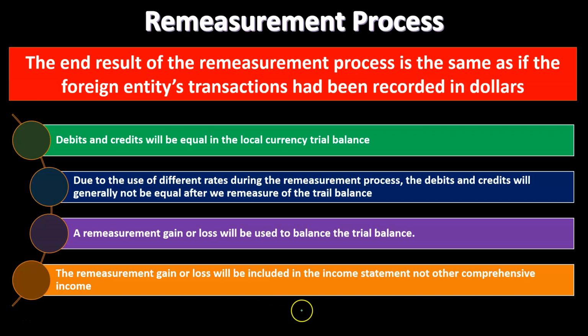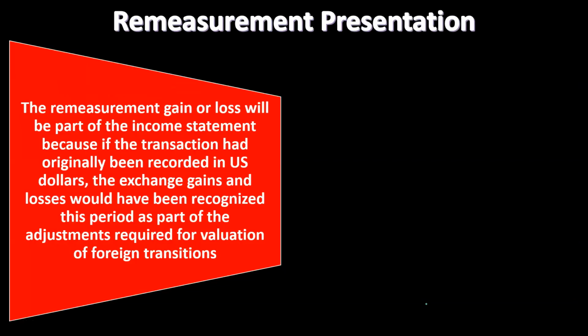And so that means it would be appropriate then to have the gains and losses on the income statement. So the remeasurement gain or loss will be part of the income statement, because if the transaction had originally been recorded in US dollars, the exchange gains and losses would have been recorded this period as part of the adjustment required for valuation of foreign transactions.